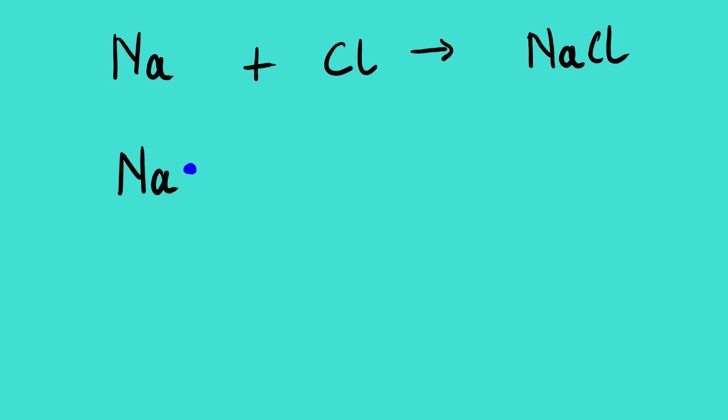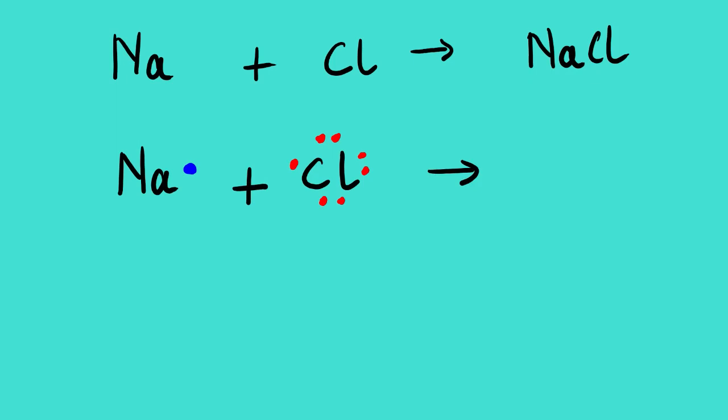And then we have chlorine, which is in group number 7. It has 7 valence electrons. Remember, we are looking at the reaction between the two.